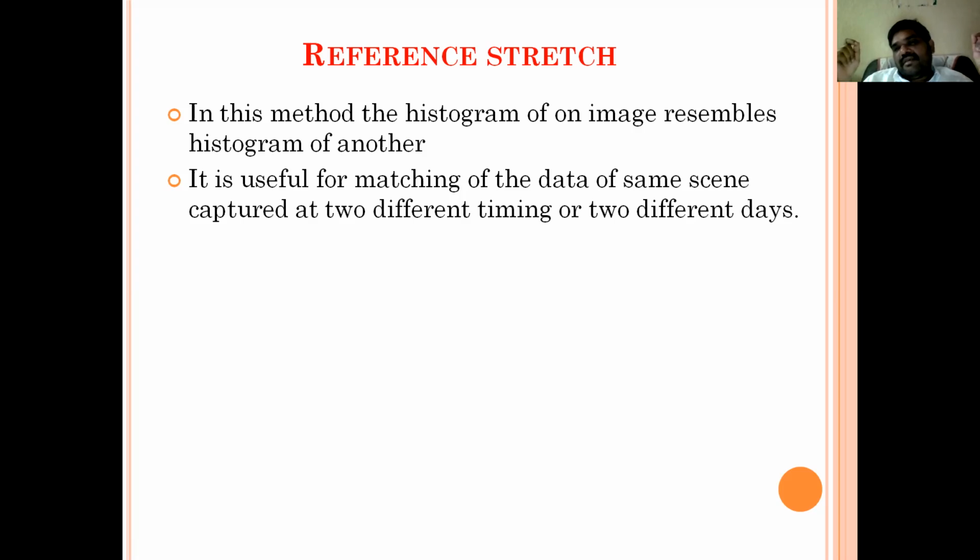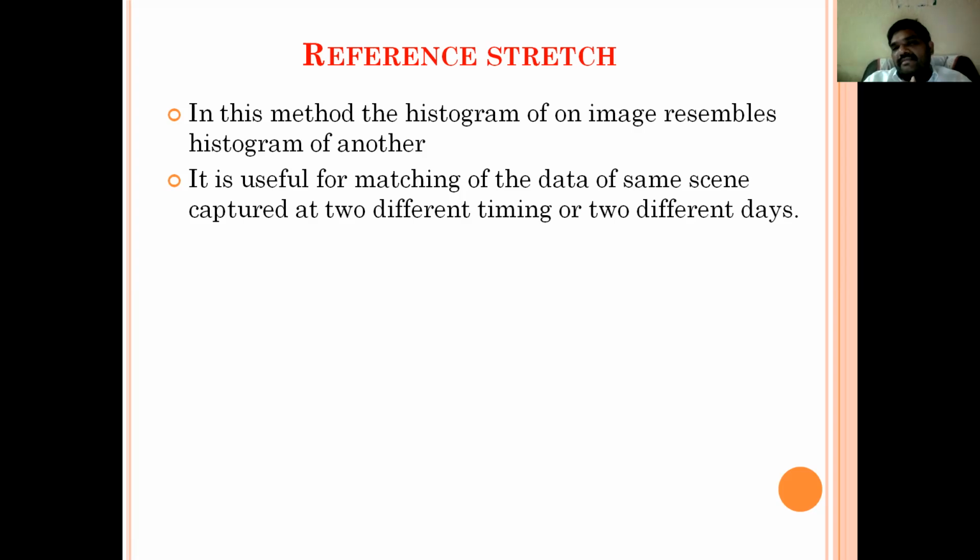Understand? In simple terms, the histogram of one image resembles the histogram of another image. What is a histogram? The range of digital numbers, a graphical representation of the brightness values of the image. One histogram resembles the histogram of another.